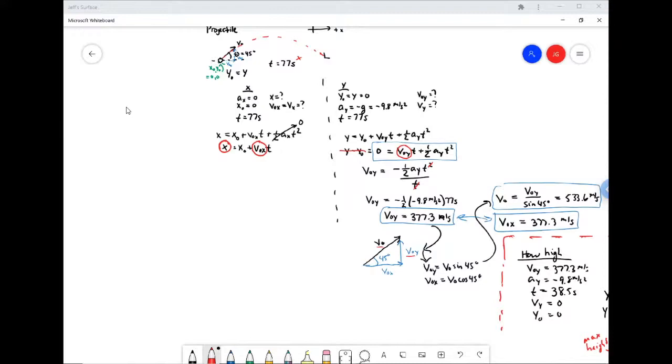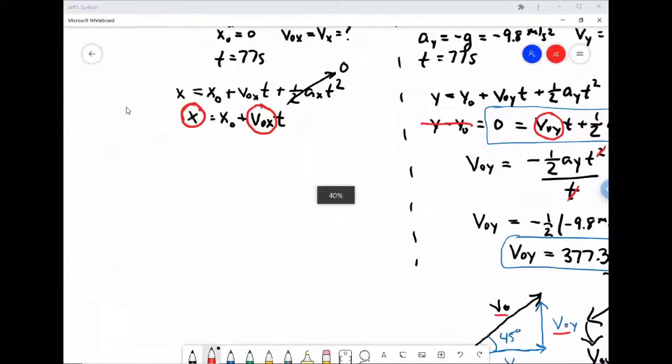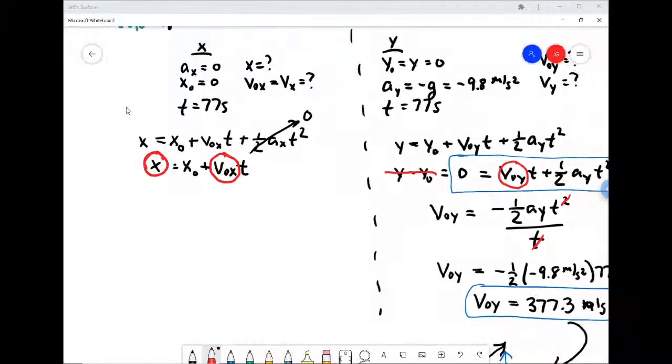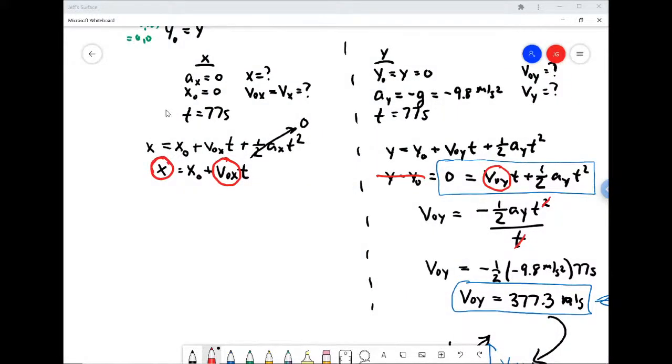So let's go over here. The other thing we wanted to find was its range. So we have to come all the way back to the x. Now we can finish what we started, because our endeavors to discover what was going on in the y direction have yielded information about the x direction, v naught x. We've found that the initial velocity in the x is 377.3 meters per second.